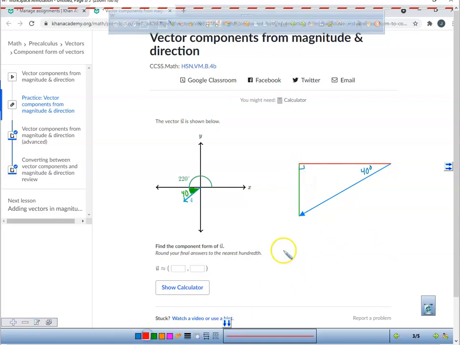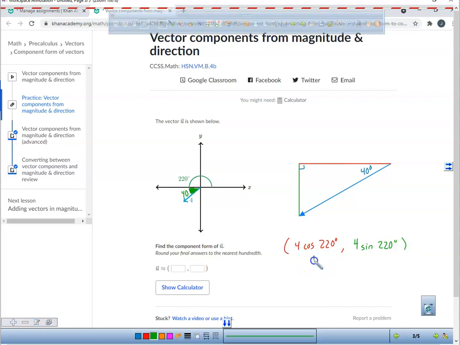So if I want to do my x component, technically you could probably just do this: 4 cosine 220. 4, I'll do green, 4 sine 220.